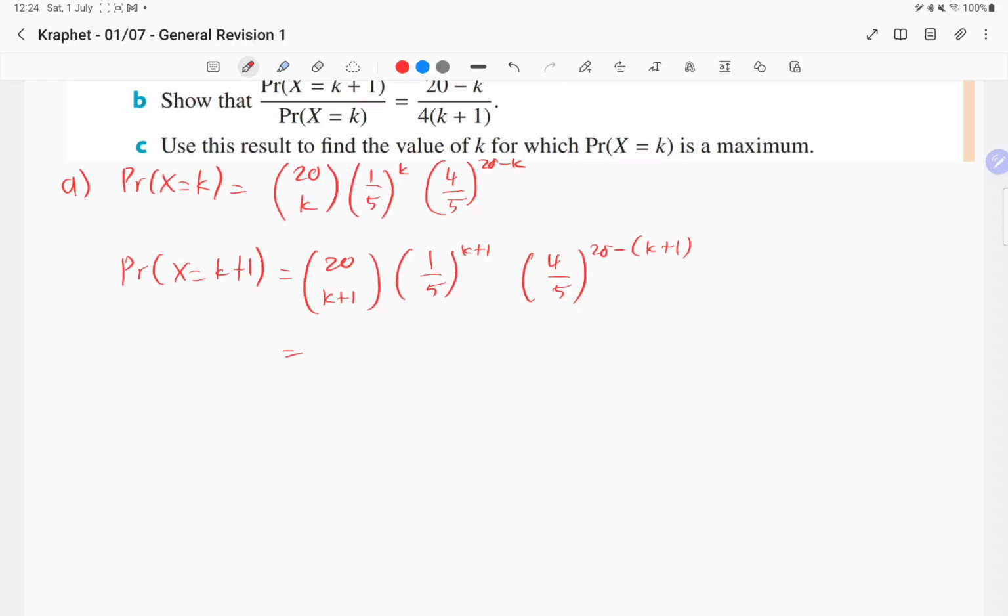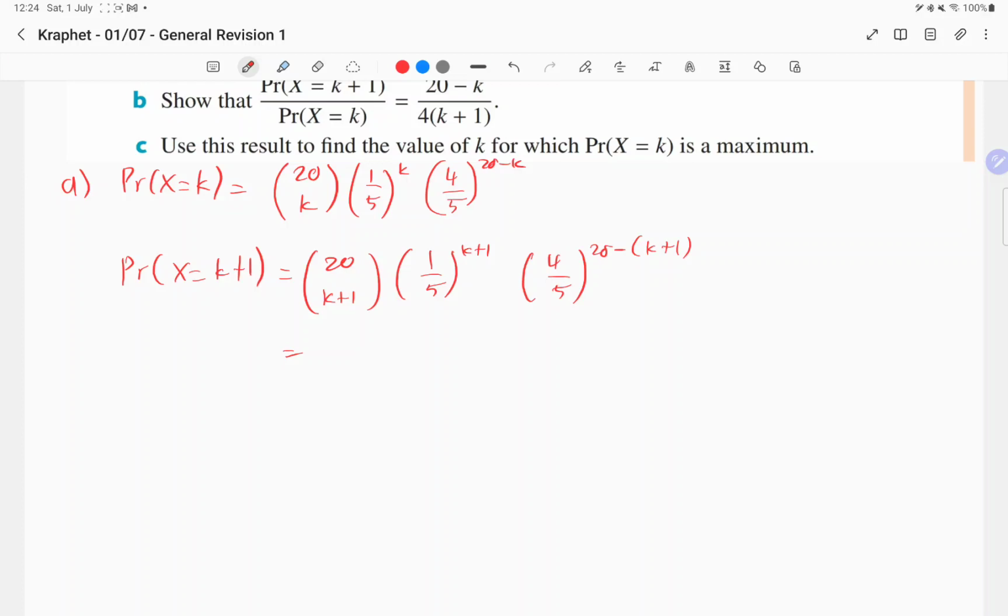I think you need to remember the formula. It's like the quadratics one. They don't give you the quadratic formula. So you actually need to know what it means by 20 choose k + 1. Let me double check the formula. Even I don't remember that often.